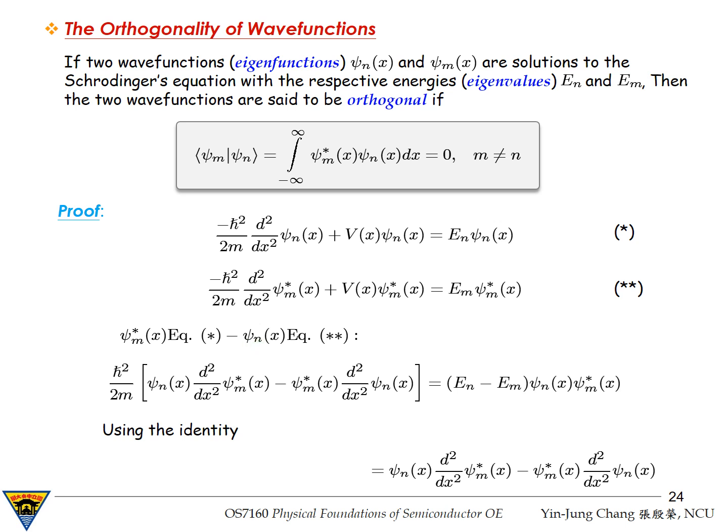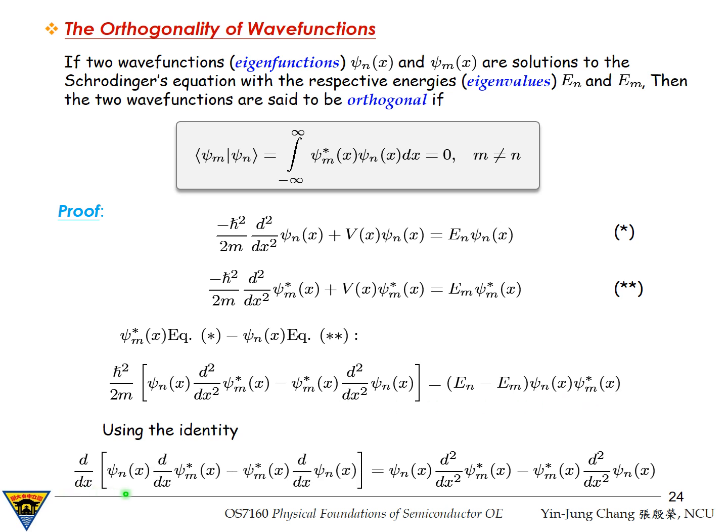After that, we subtract one from the other. So the potential terms cancel out, and the remaining expression can be recognized into a form involving the energy difference, E sub n minus E sub m, on one side and a derivative structure on the other side. We end up with the expression shown here.